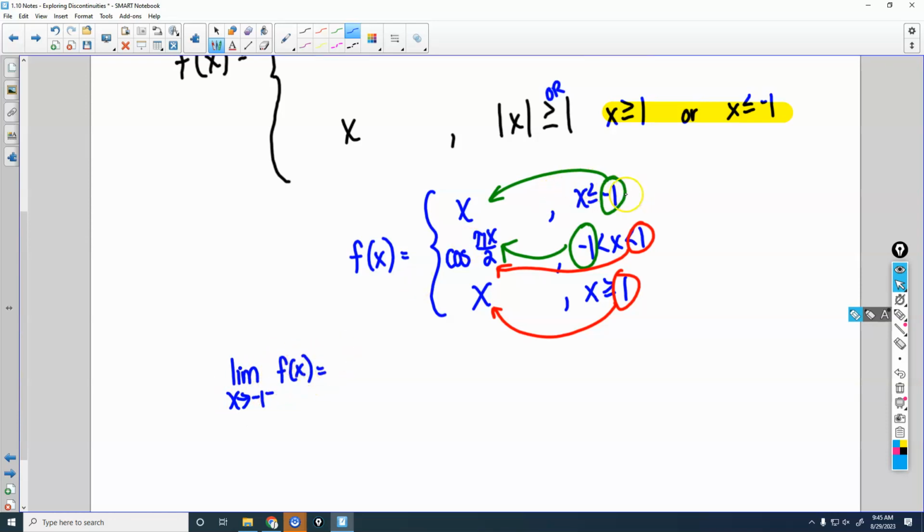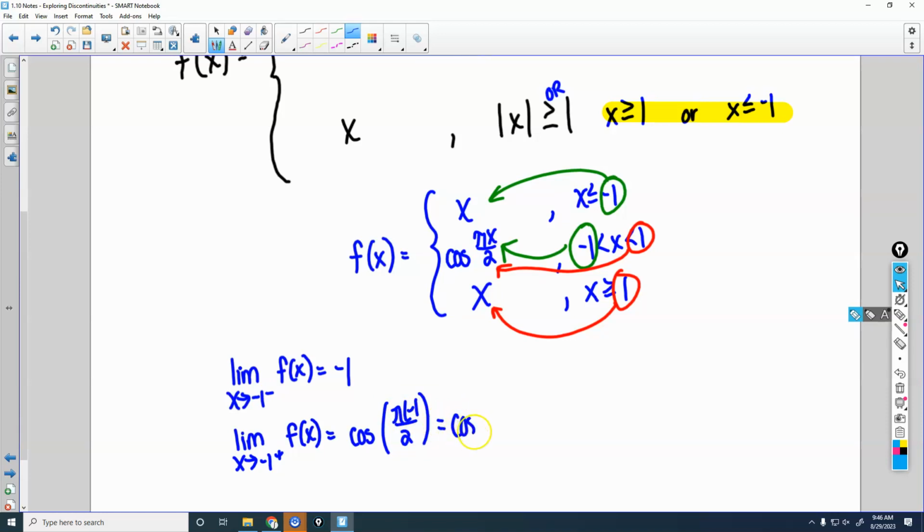Well, from the left, that's the top equation. You just plug in -1. That's your answer. And your limit as x approaches -1 from the right of f of x, that's the middle equation. So you're going to have cosine of pi times -1 over 2.